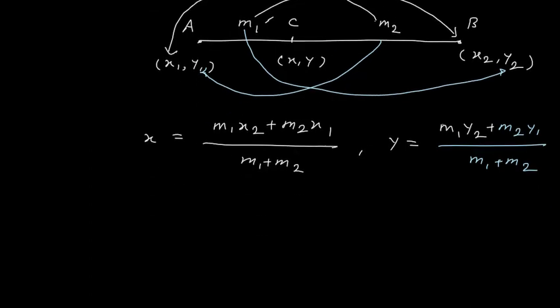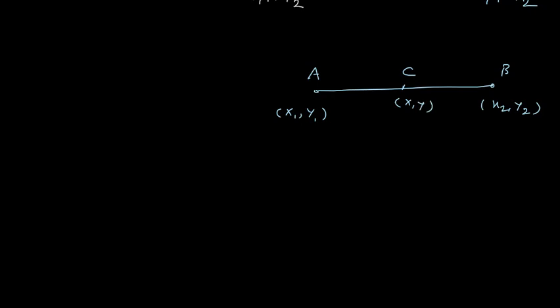Now we can extend this section formula to find the midpoint of any particular segment. So say if we have AB and this point C is midpoint. Okay, and this C has coordinate x, y. Now as C is the midpoint, in which ratio C will divide AB?